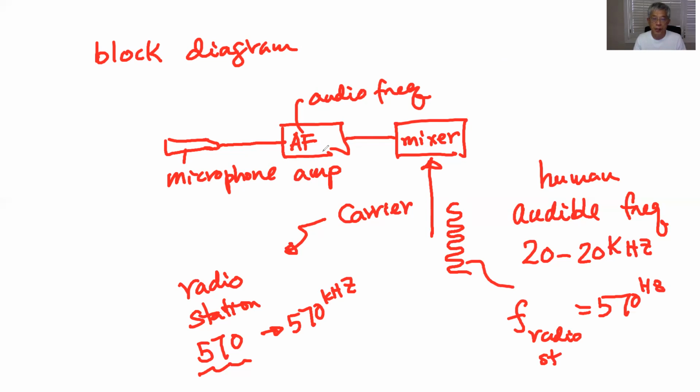So first you amplify it, you make the amplitude bigger. Then you mix it together, and you have this one here. I'm going to call that the modulated signal. The word modulated here means you mix them together. Once you have the modulated signal, you amplify it again.